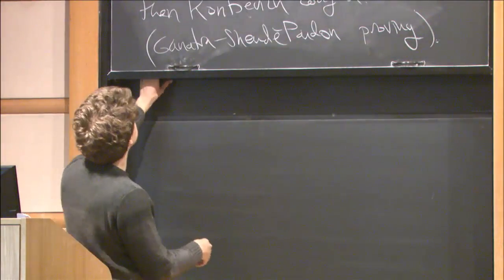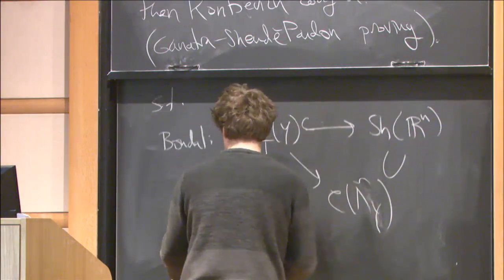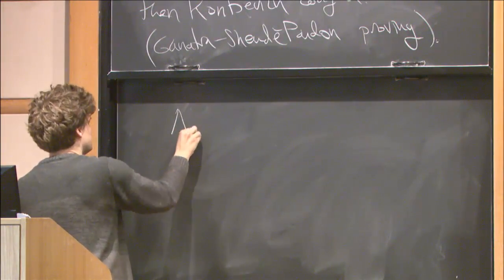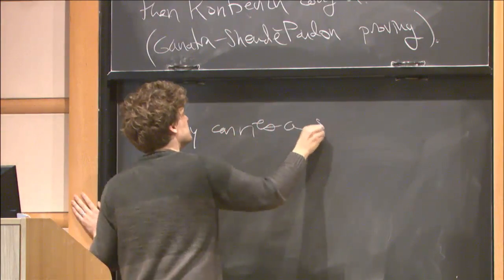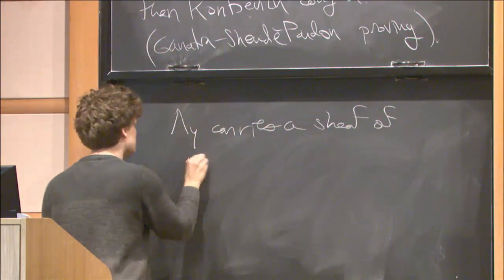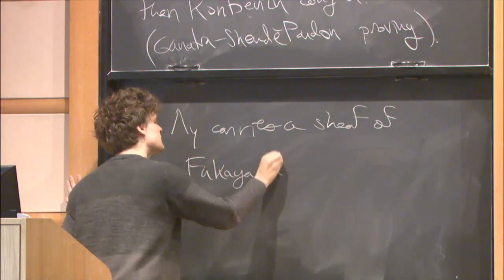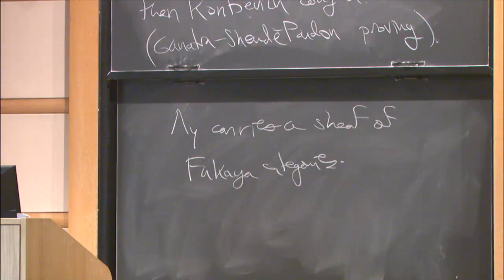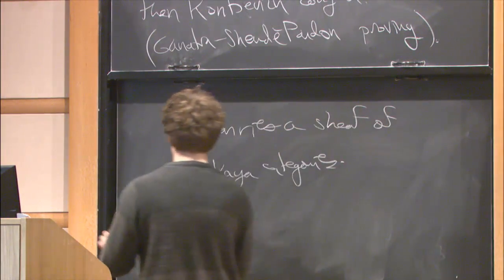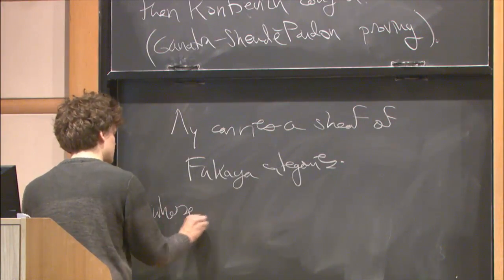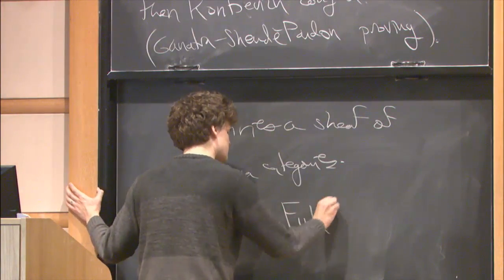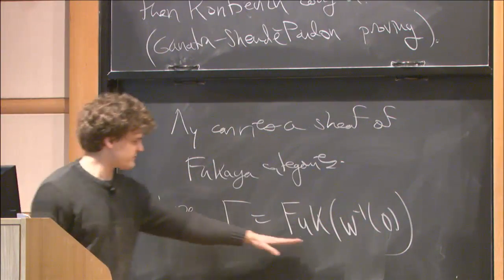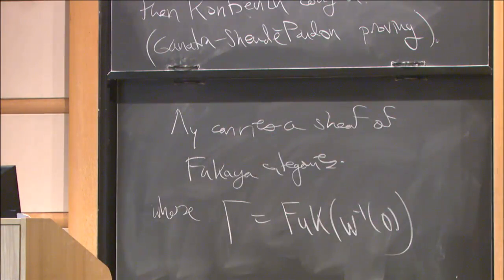But this lambda Y carries a sheaf of Fukaya categories, whose global sections would be the Fukaya category of F inverse of 0, maybe, in the way that I'm formulating it, the Fukaya category of compact Lagrangians.